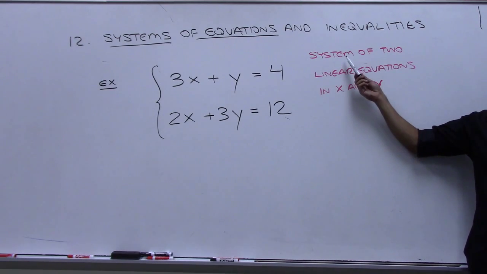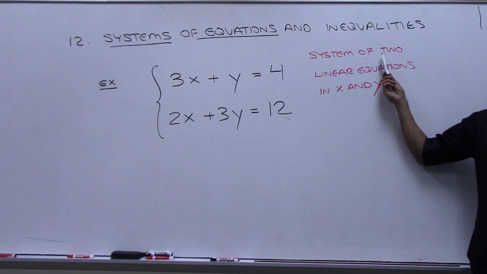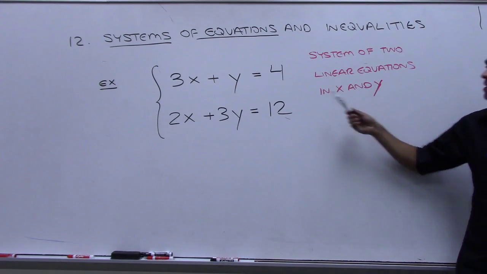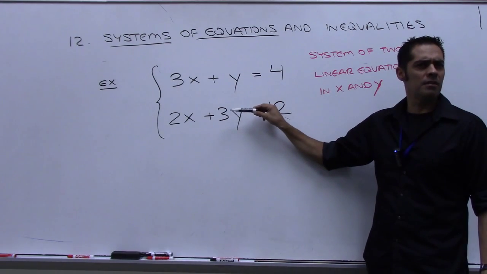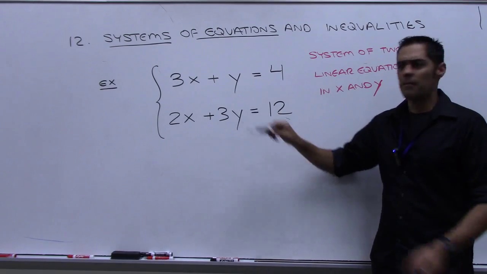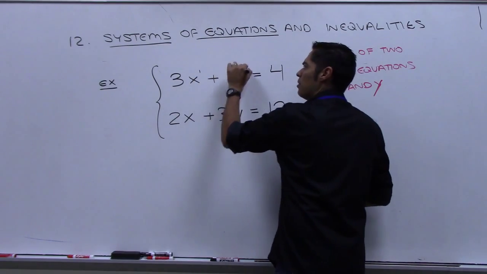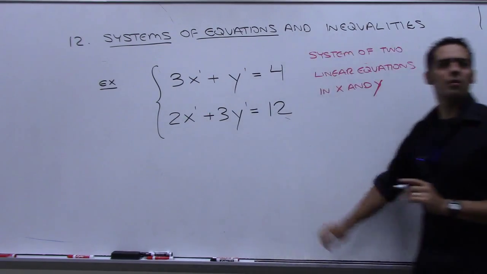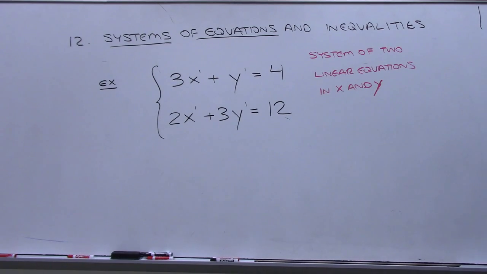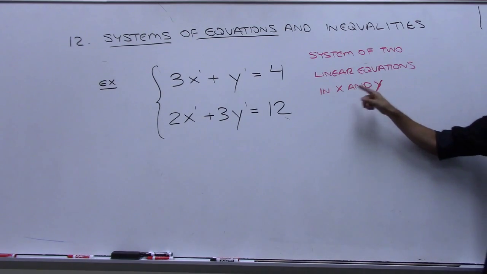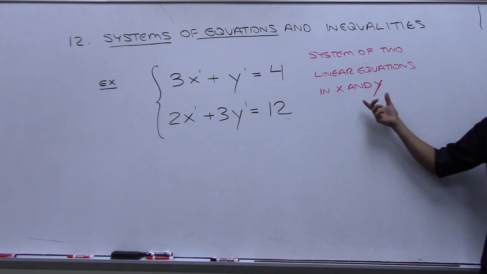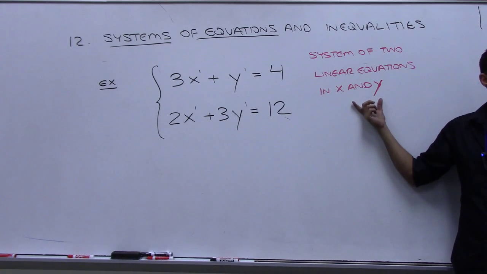System, meaning more than one, of two, not three, not five, system of two, linear equations, because each equation is linear. How can we tell it's linear? Each of these variables is to the first power. That's how we can tell an equation is linear, if your variables are to the first power. And then in x and y just tells you the two variables within the problem.